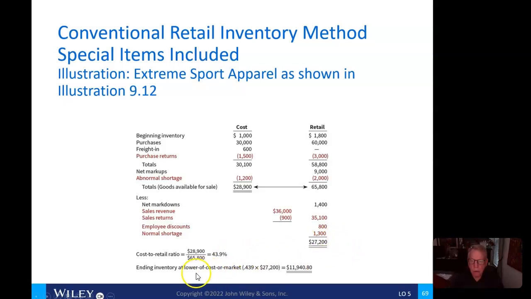So our cost to retail ratio is this $28,900 divided by the $65,800, which is 43.9%. So our ending inventory at lower of cost or market will be the 43.9% times this $27,200, which equals $11,940.80.